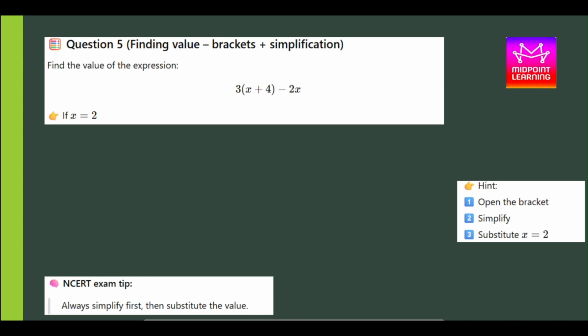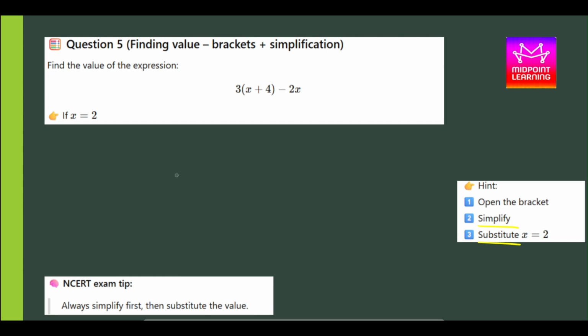So you are now solving higher order algebraic expressions confidently, and here we have another question which says you have to find the value of this expression if x is equal to 2. So first we have to simplify the expression, right? And then we have to substitute. We always remember always that first we need to simplify, then we will substitute.